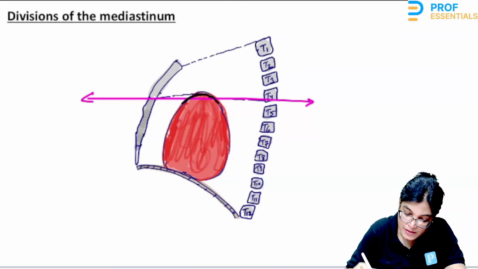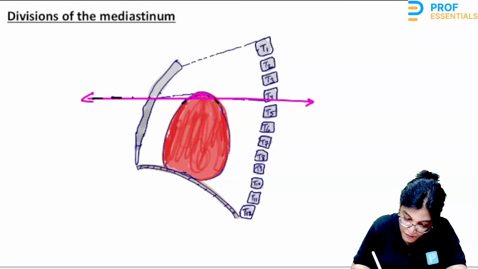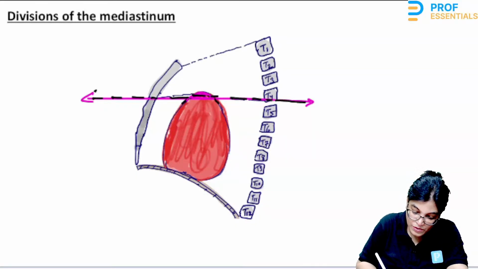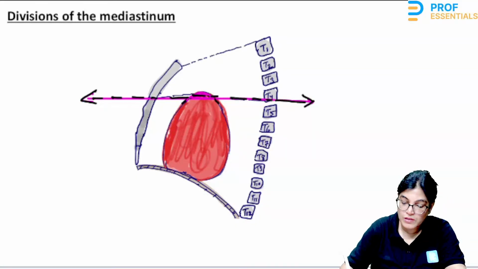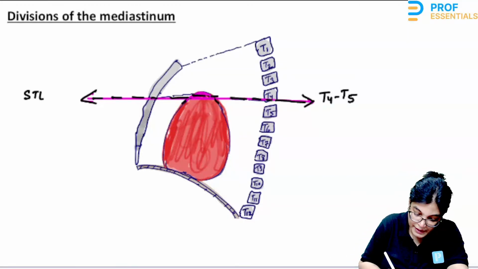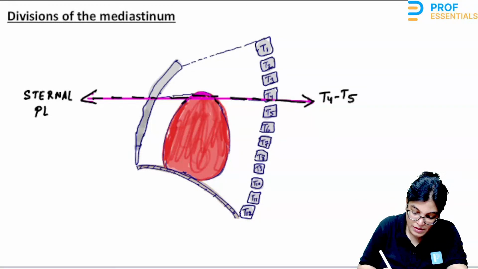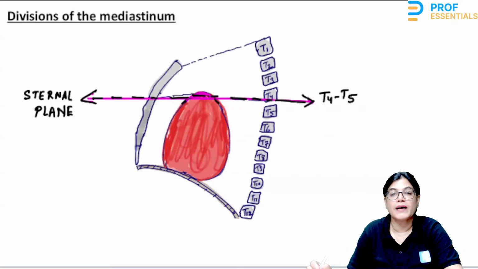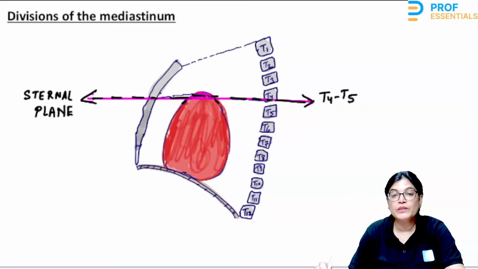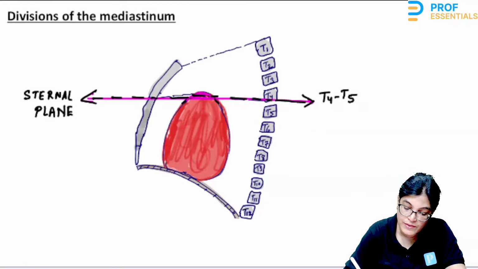This imaginary line is passing posteriorly at the level of T4 to T5 and anteriorly at the level of the sternal angle, or you can say sternal plane. So this imaginary line is passing anteriorly from the angle of Lewis and posteriorly in between T4 and T5 thoracic vertebra. We will have an area which is lying above it.